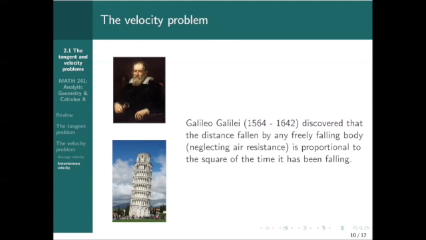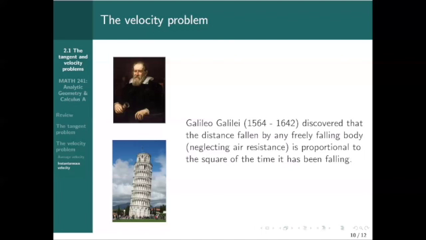What he did was he dropped two objects of different masses, and then he discovered that the time that it takes for the objects to get to the bottom doesn't depend on their masses, which is, I would say, counterintuitive, because if we were to guess that one of the objects is going to get to the ground first, we would think that the heavier object would reach the ground first. But actually, what he discovered is that it doesn't depend on their masses.